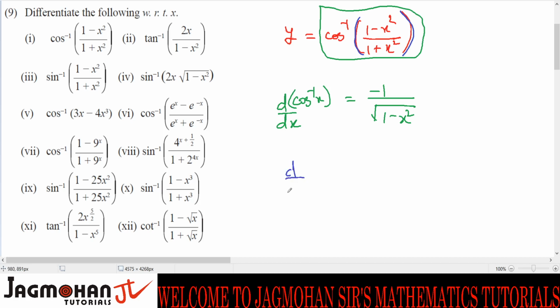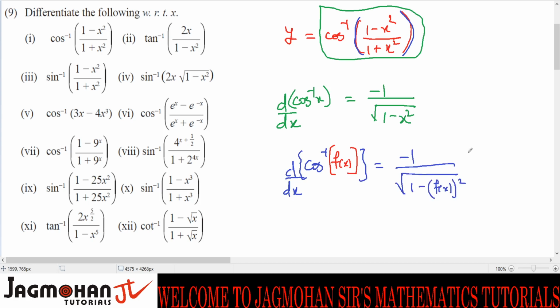So here we will apply d by dx of cos inverse of f of x. And you know, if you have d by dx of cos inverse of f of x, then its derivative will be minus 1 upon square root of 1 minus f of x square into d by dx of f of x.